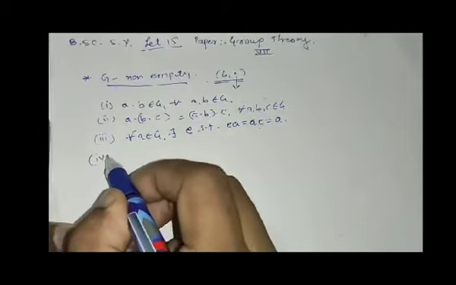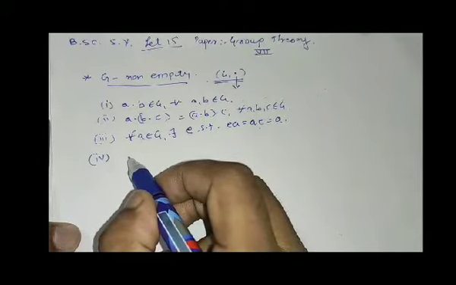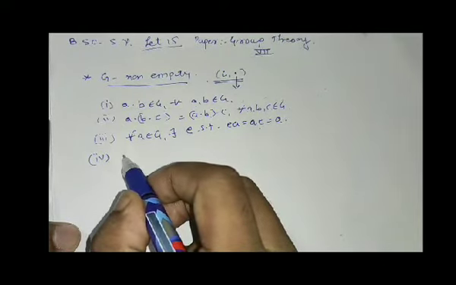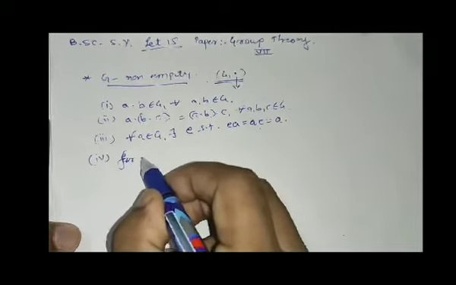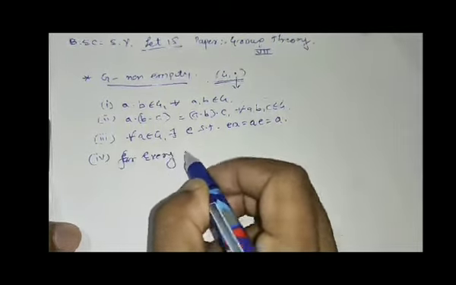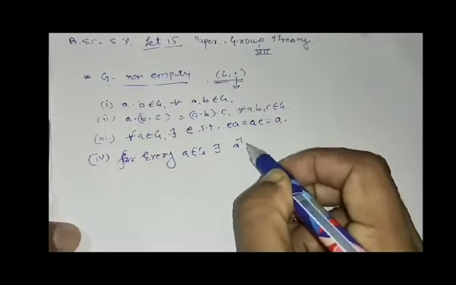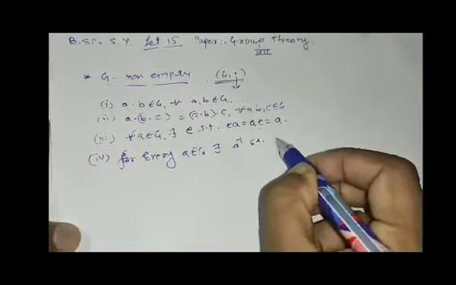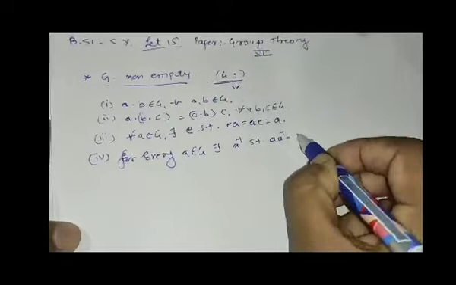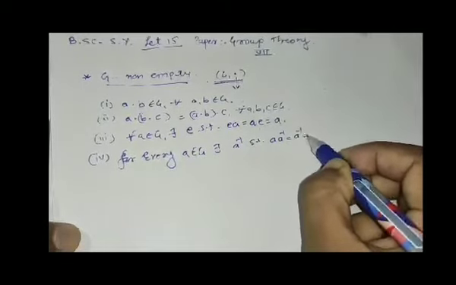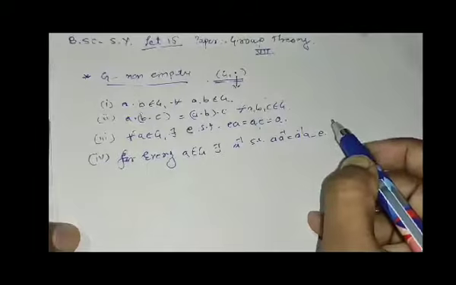After that the fourth is existence of inverse, that means for every a belonging to G, there exists a inverse, the other element, such that a dot a inverse is equal to a inverse dot a is equal to the identity element e.